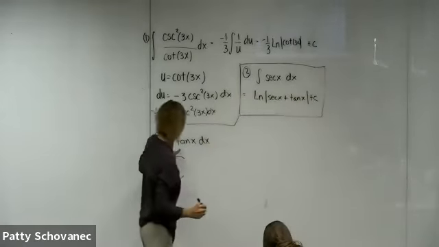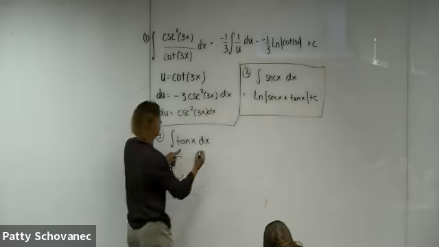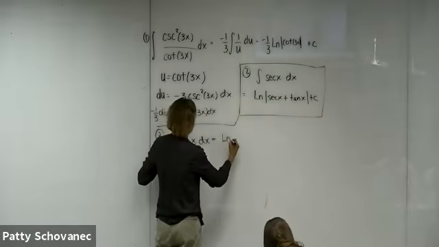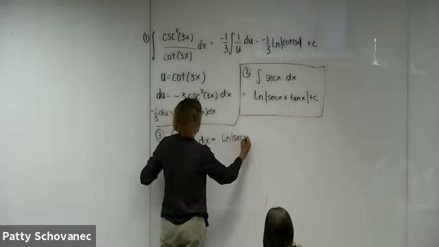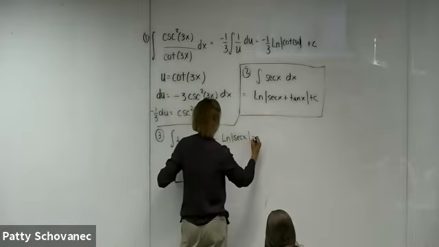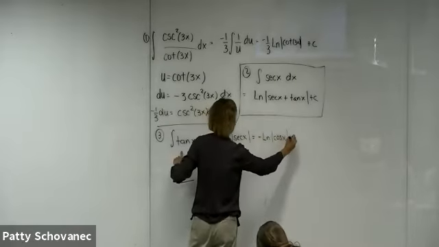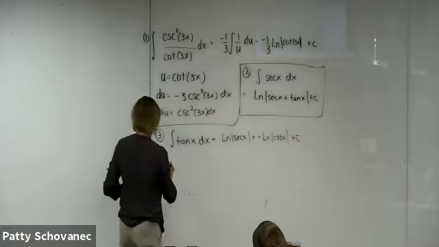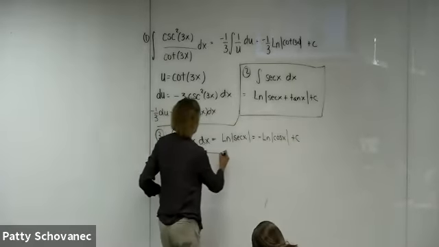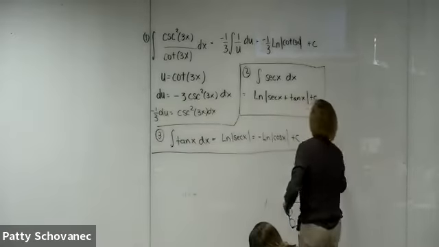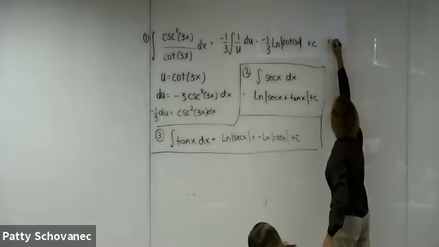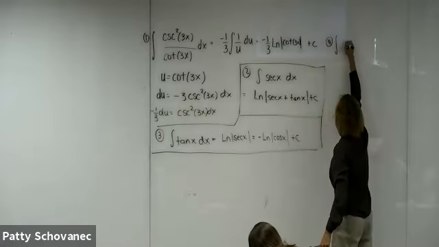Okay, what'd you get for this one? Natural log of the secant minus the natural log of the cosine. Either one, whichever you remember best. Okay. The next one, suppose you want to integrate secant squared.